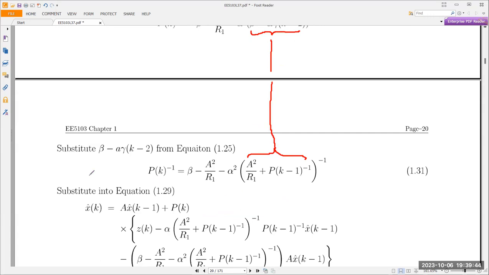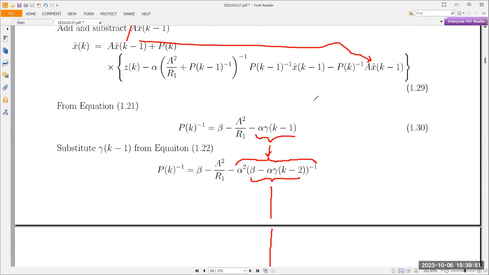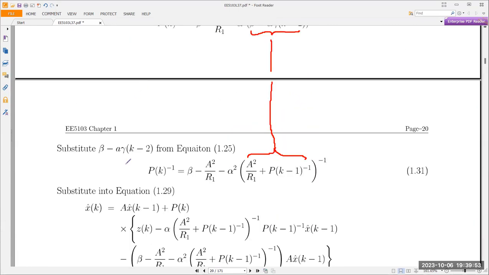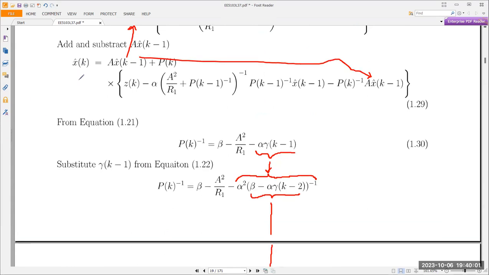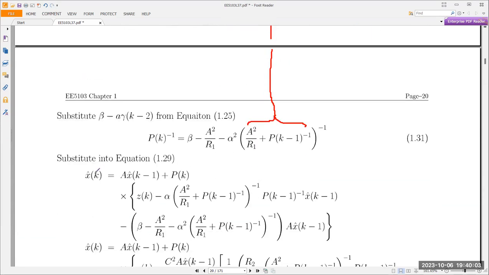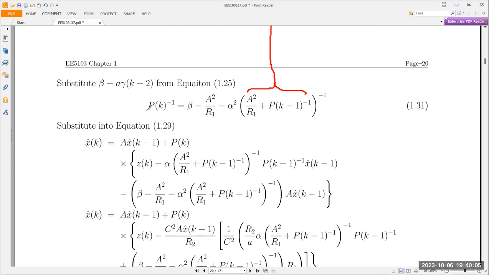Okay. Then substitute into 29. So take this, put inside 29. So this is what? PK minus 1. So 29 is the XK equation. So since they say this substitute into there, I think this thing looks the same as this.